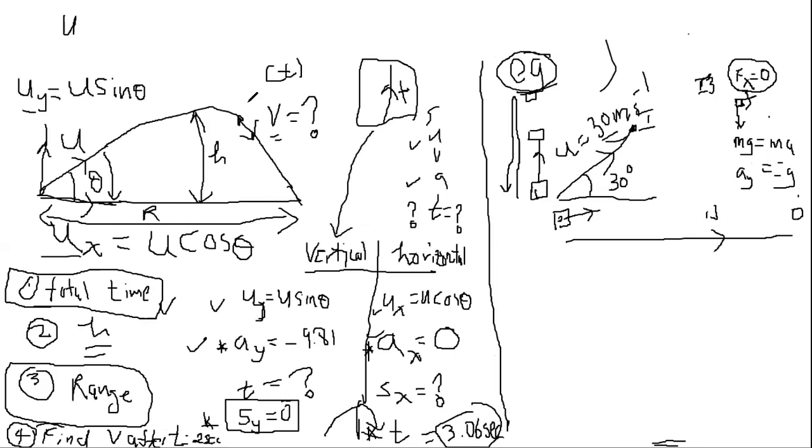How do you find the V? You need to find the components Vx and Vy at that point, at time 2 seconds, so that we can work out the V. How can Vx and Vy give you V?